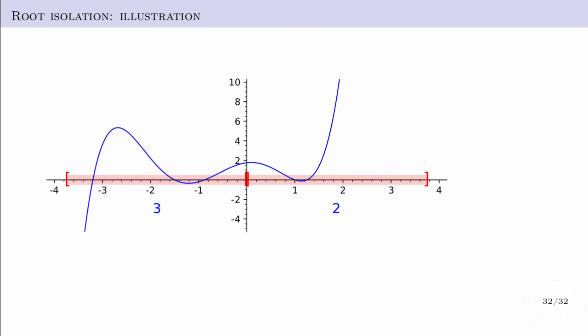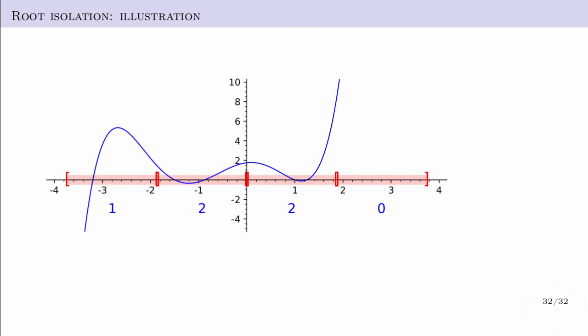There are still too many roots in each interval, so we need to split both intervals again. So we do that, and now we have 4 intervals. The first one contains precisely 1 root, so it's okay. It isolates 1 root of the polynomial. The 2 middle intervals contain 2 roots each, so they need to be split again, and the rightmost interval does not contain any root, so it can be discarded.